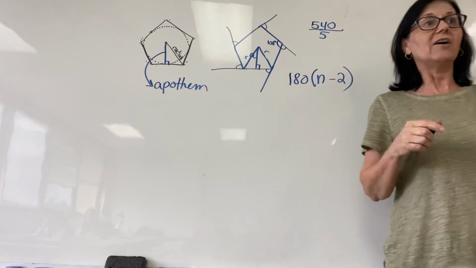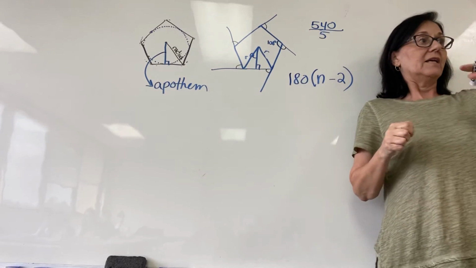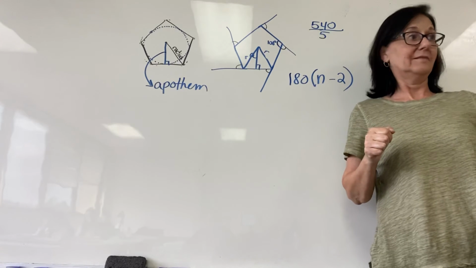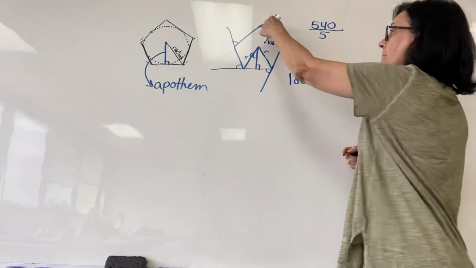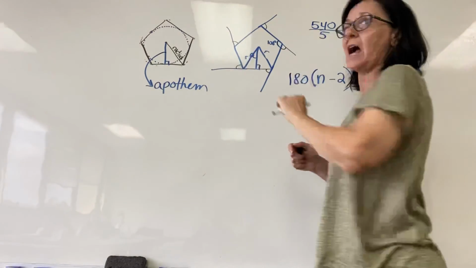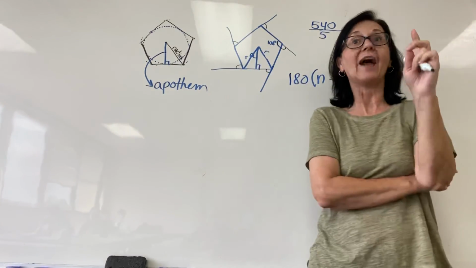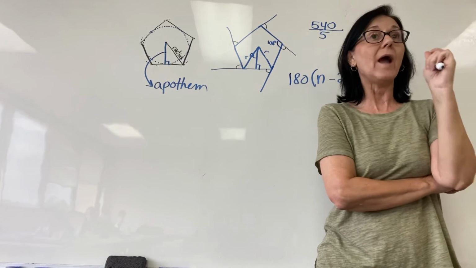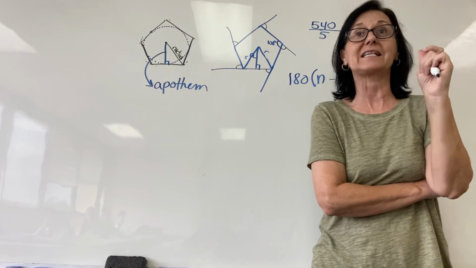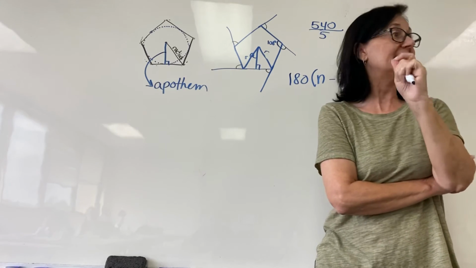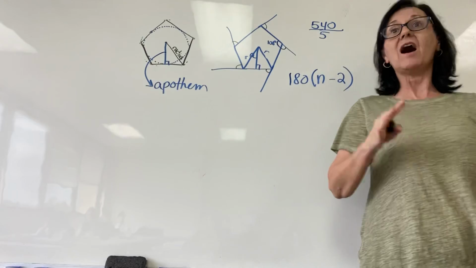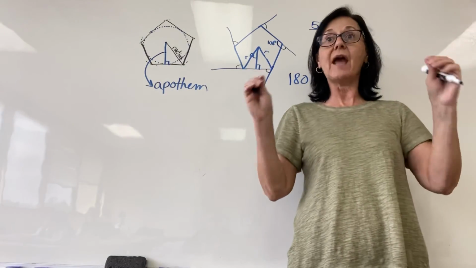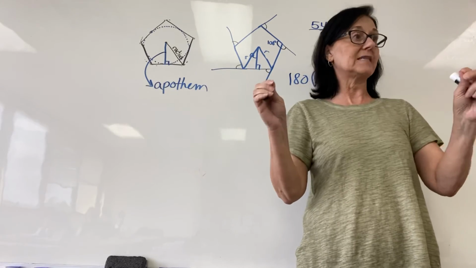An exterior angle is one that is a linear pair to the one inside. So the sum of these angles on the same side, it doesn't matter how many sides you have, they will always equal 360. It doesn't matter if you have a pentagon, an octagon, a dodecagon. The sum of those exterior angles is going to be 360.